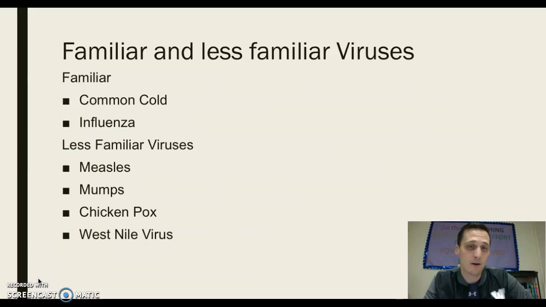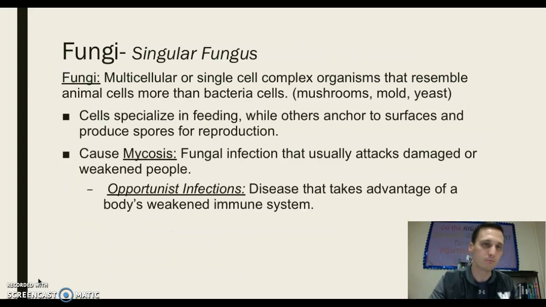Those types of things are viruses. So when you contract them, you have that virus in your system forever. But there are vaccines for all these different viruses to hopefully help you prevent getting them.